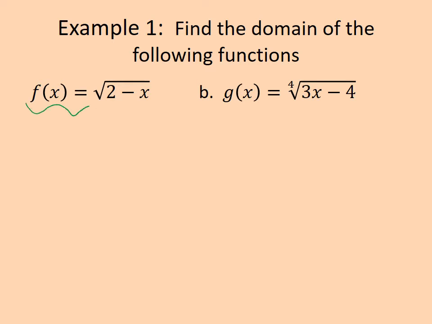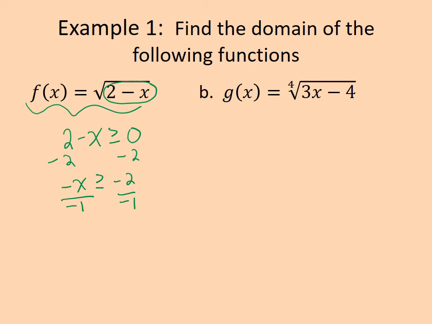So in this first example, we have an even radical. So we must take 2 minus x and make it greater than or equal to 0. Now, in order to solve this, I need to isolate the x. I'm going to move the 2 over. So I have negative x is greater than or equal to negative 2. Now I'm going to divide by negative 1 to isolate the x.